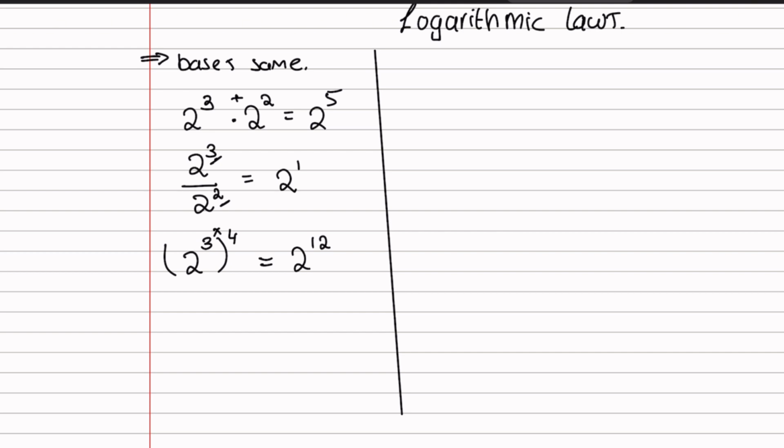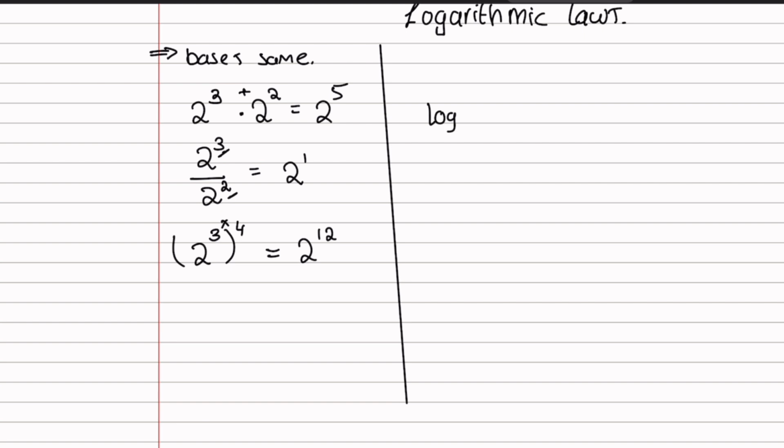Remember that when you are talking about logs, you're talking about inverse functions. The result is not y, it's x. And we understand that x is the power. So let's say we're going to have log base 2 of 4 plus log base 2 of 8 is equal to... Sorry, I skipped ahead in order to example.